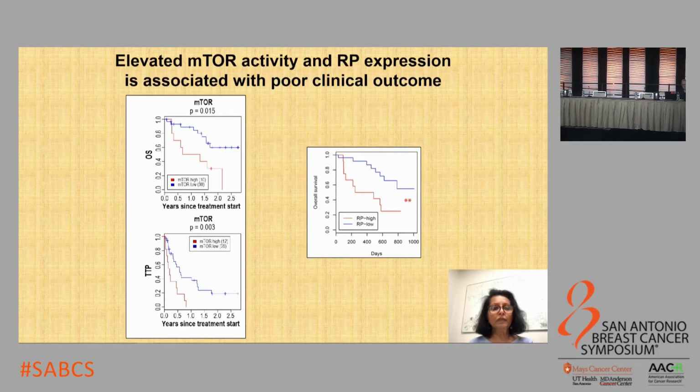So in terms of clinical outcome, we went back to our single-cell RNA sequencing data from metastatic breast cancer patients, and we found that elevated mTOR activity and elevated ribosomal protein expression in CTCs of patients was associated with poor clinical outcome as measured by overall survival and time to progression.